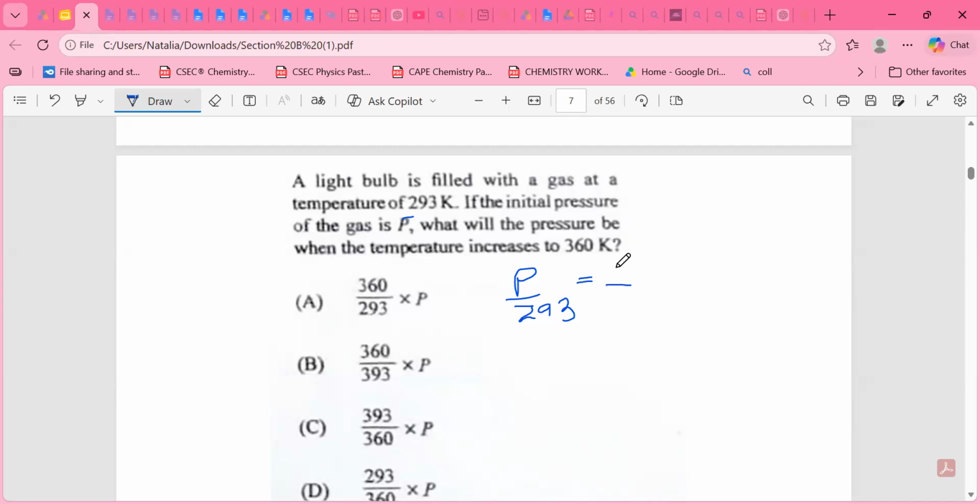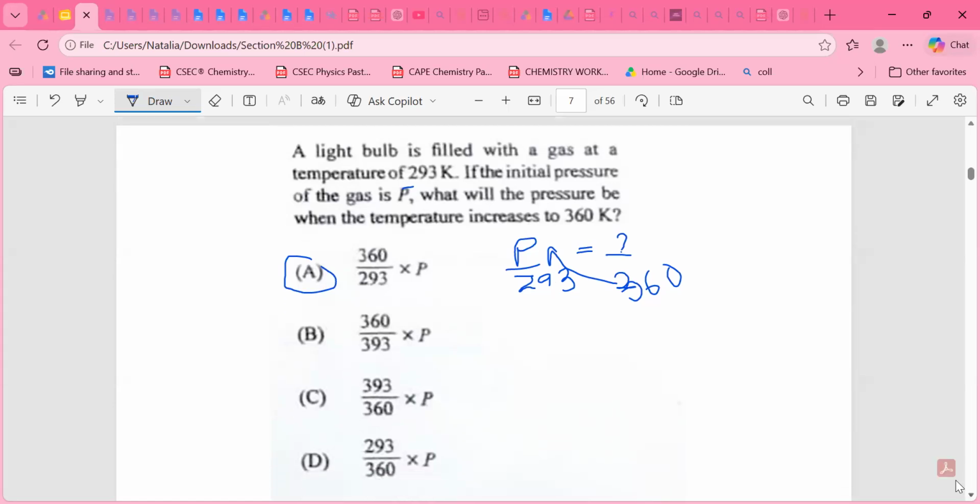We want to find this unknown. All we're going to do is cross multiply this. So the answer is A. So P multiplied by 360 divided by 290. Clear?